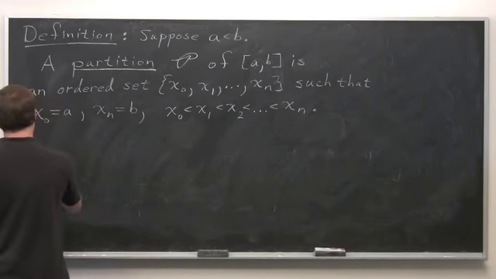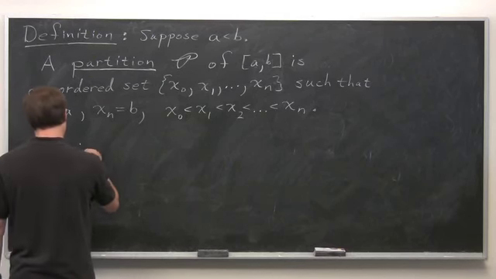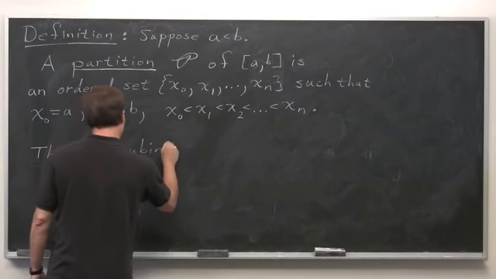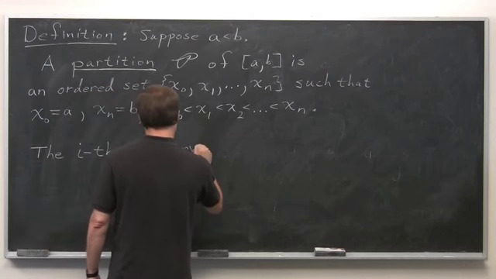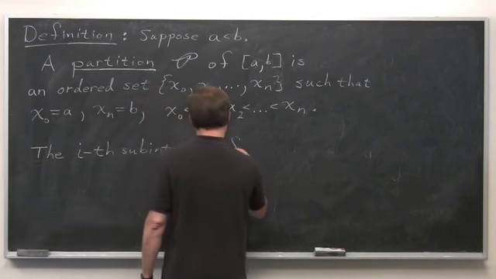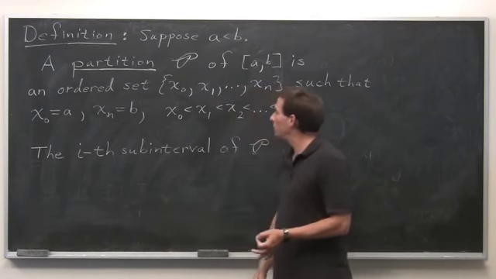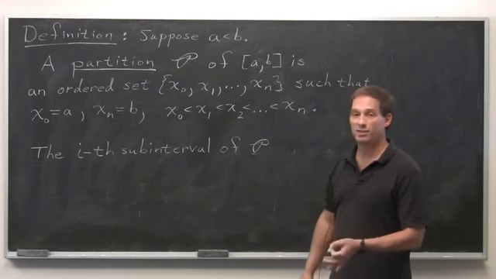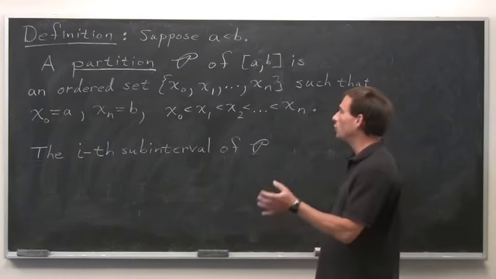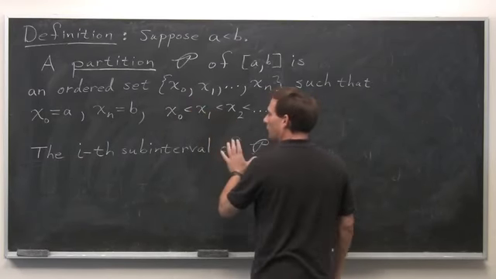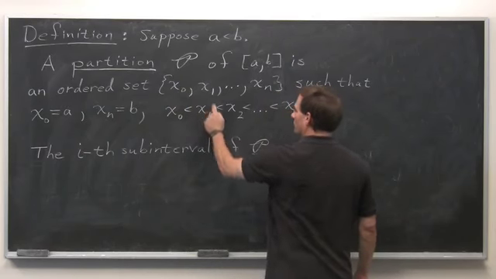So, in fact, the ith subinterval of the partition P is really just this set, but when you talk about the ith subinterval of the partition, you mean the subinterval, so like the first subinterval goes from x0 to x1.